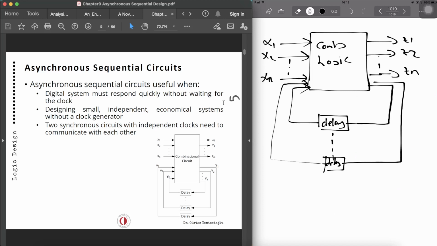So we can assume that this is just a combinational circuit and there's a feedback path. That's actually giving us enough time from the propagation that we can consider it.